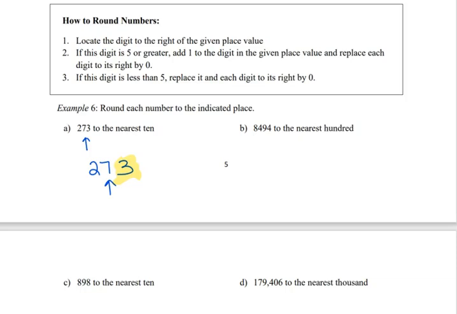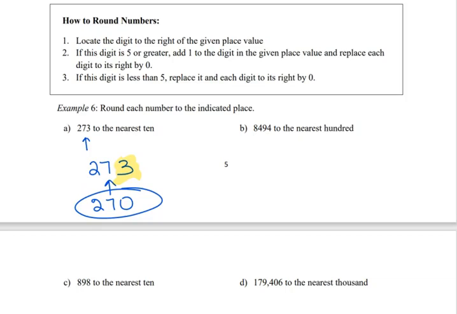Because it is a 3, you go into step number 3 in our rule: replace 3 and each digit to its right by a 0. There's only the 3 here, so we leave 7 alone and replace 3 with a 0. So 273 rounded to the nearest 10 is 270. When they tell you to round to the nearest place value, that is the place where you normally would have your last digit other than 0.